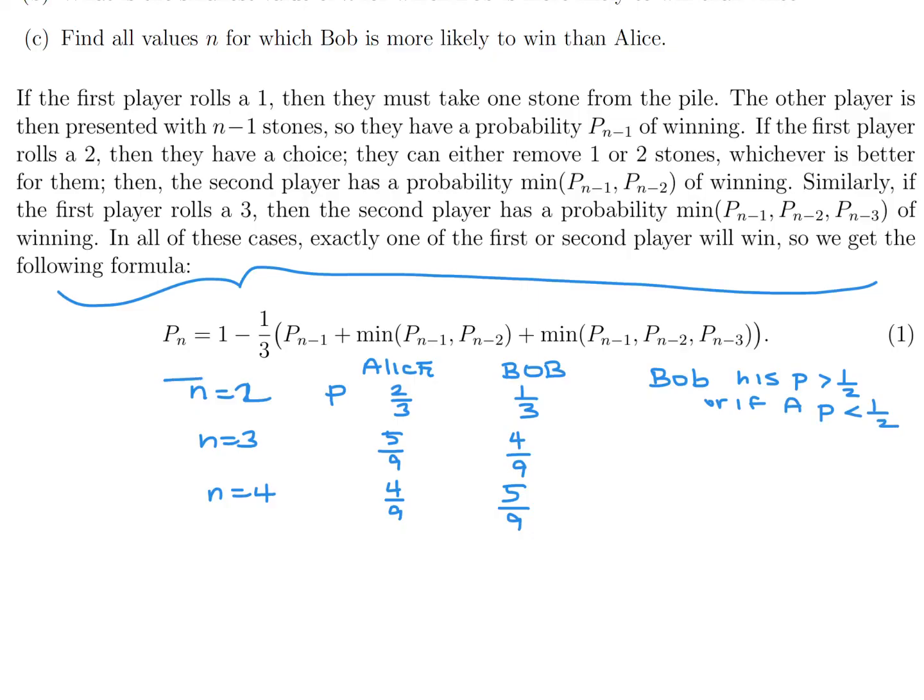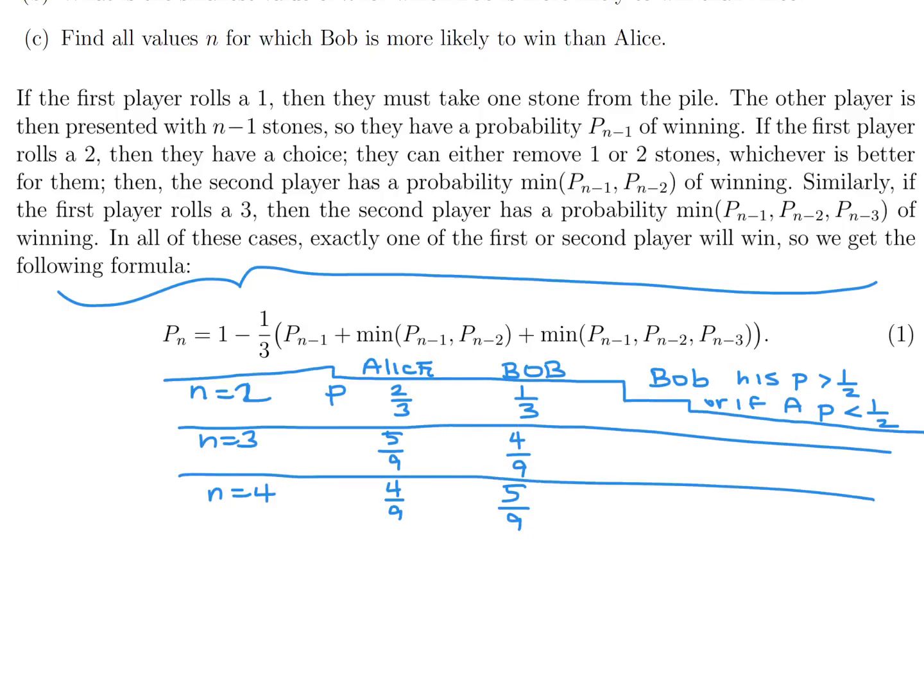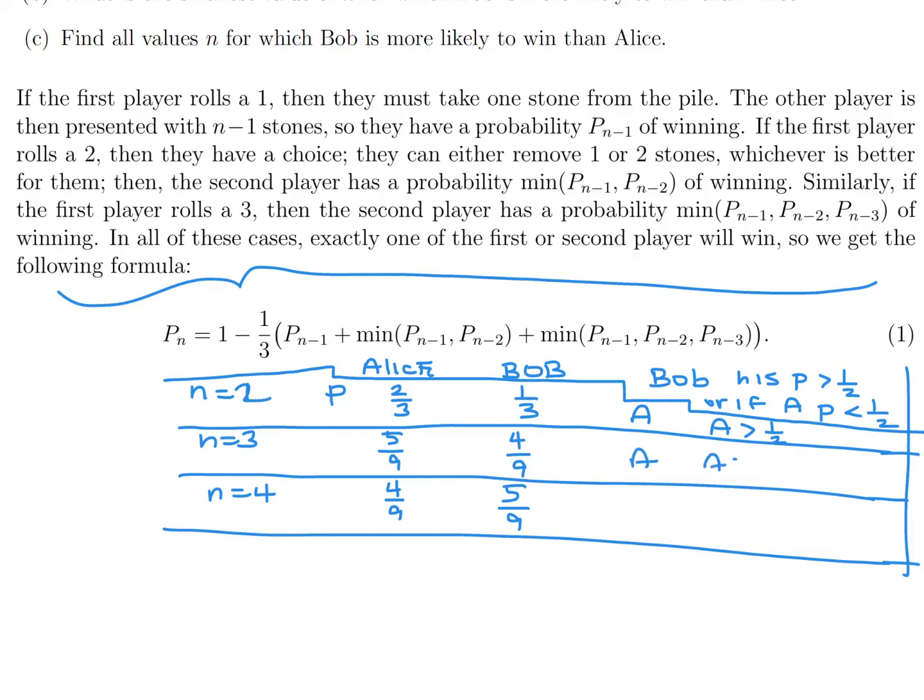So let's see if I can apply that to these numbers first and see what happens. They should be fairly straightforward in the first few. So Bob is more likely to win. If n equals 2, Alice is more likely to win, right? Because A is greater than a half. In n equals 3, who's more likely to win? Alice, because A is greater than a half. In n equals 4, Bob is more likely to win because B is greater than a half, or A is less than a half, whichever way you want to put it.